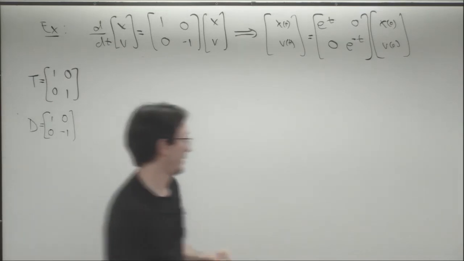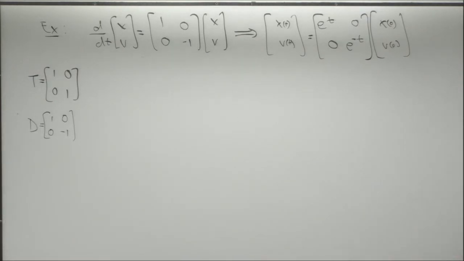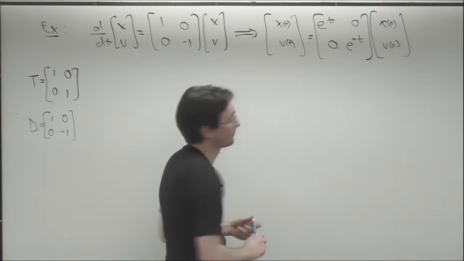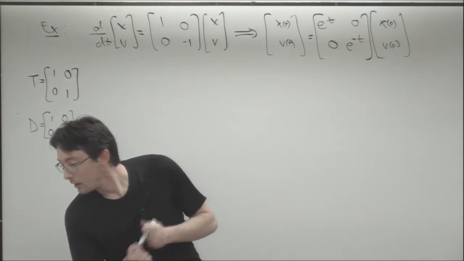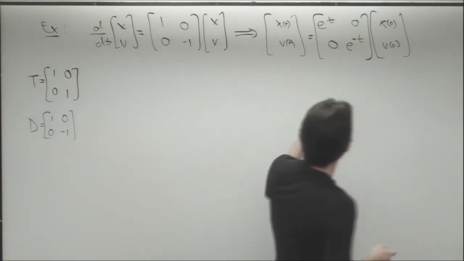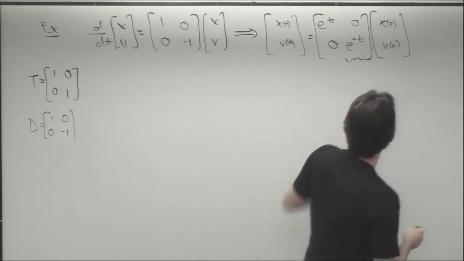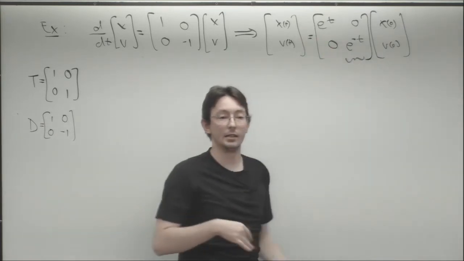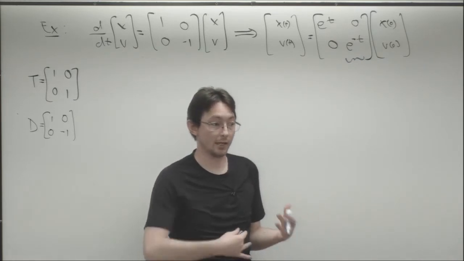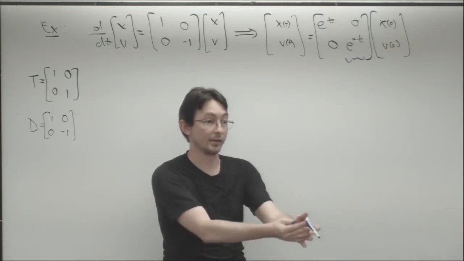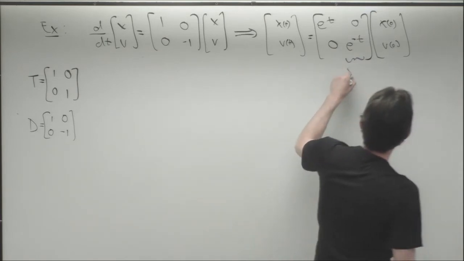So the way that we're going to write this is, let's see what colors I use. Okay, so we have this direction, e to the minus t is stable, right? As t goes to infinity, e to the minus t goes to 0. So this direction is stable.